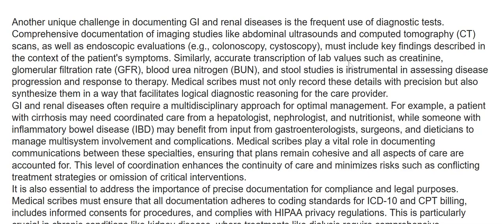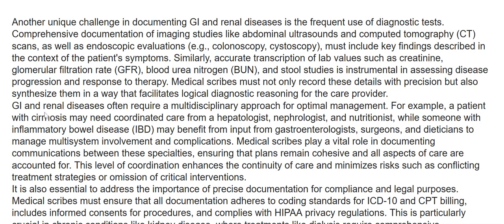Similarly, accurate transcription of laboratory values such as creatinine, glomerular filtration rate (GFR), blood urea nitrogen (BUN), and stool studies is instrumental in assessing disease progression and response to therapy. Medical scribes must not only record these details with precision but also synthesize them in a way that facilitates logical diagnostic reasoning for the care provider.